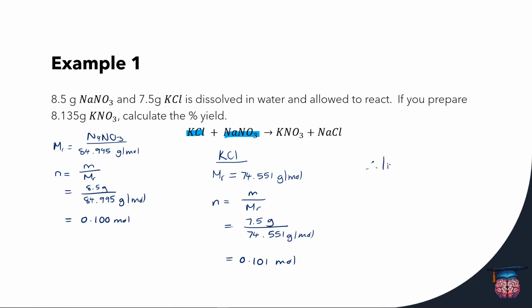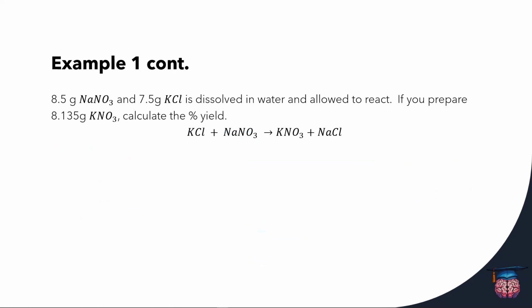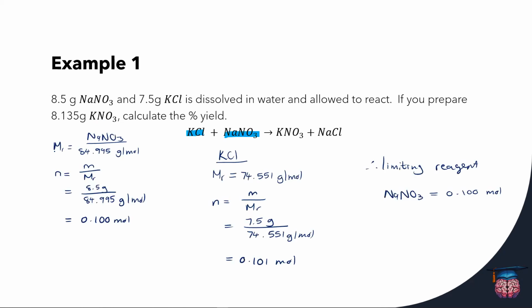So therefore, our limiting reagent is the sodium nitrate with a number of moles of 0.100 mole. Okay, now that we have the limiting reagent, we can go and calculate the theoretical yield.